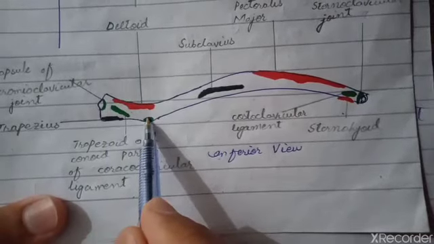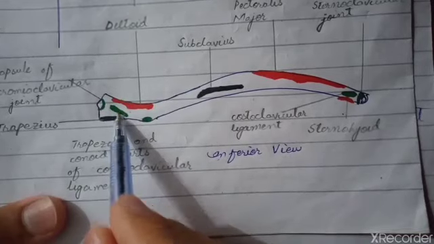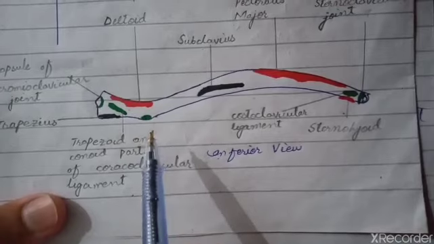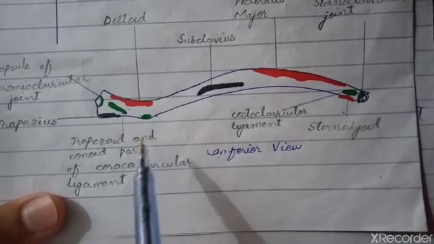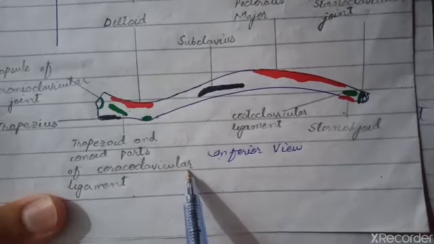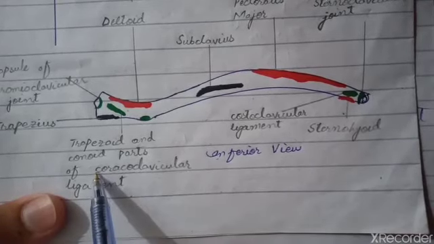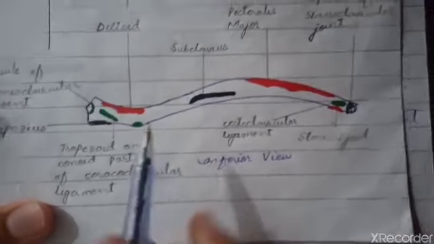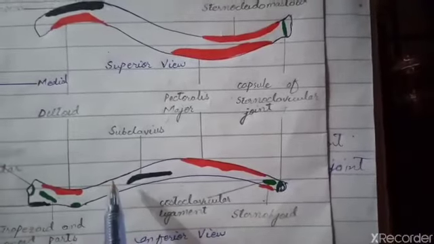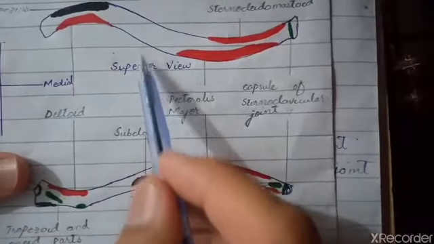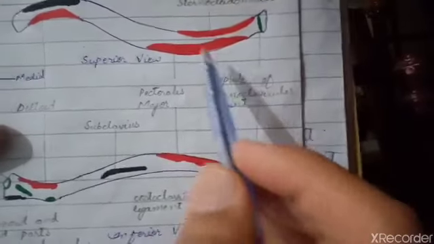The conoid tubercle and trapezoid ridge are for the attachment of the conoid and trapezoid parts of the coracoclavicular ligament. As the name suggests, the coracoclavicular ligament attaches the coracoid process of the scapula to the clavicle, right? Now we come to the medial two-third of the clavicle.